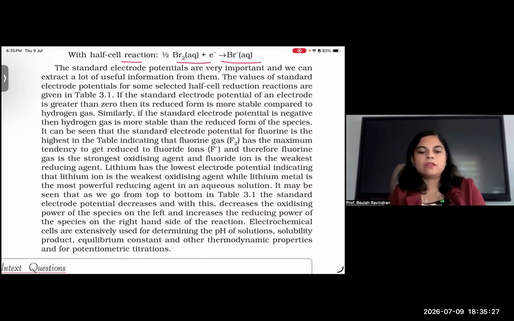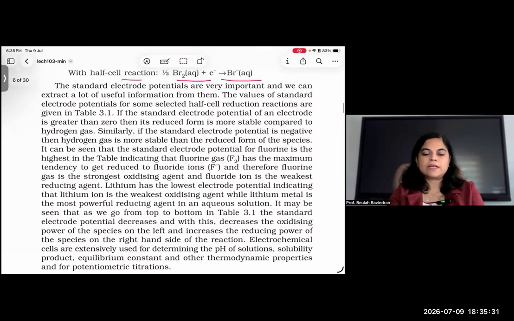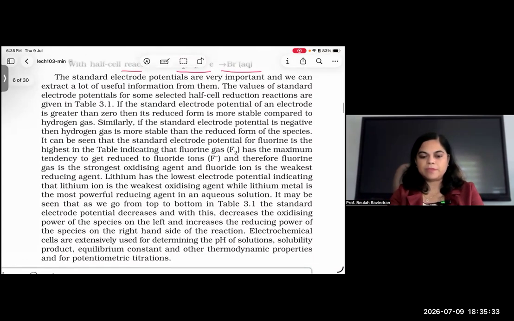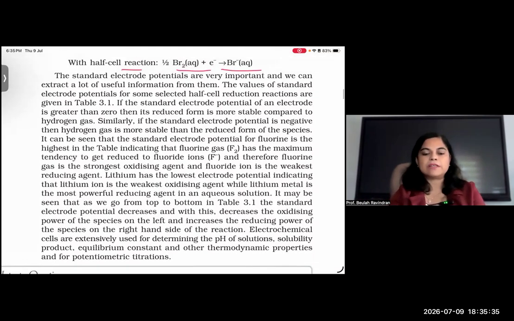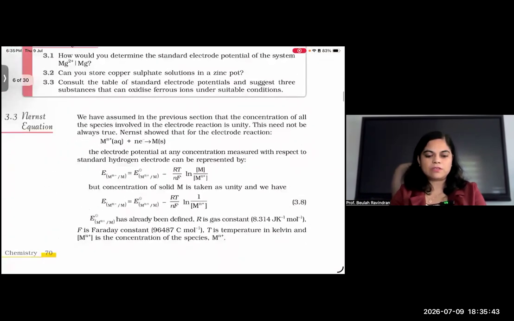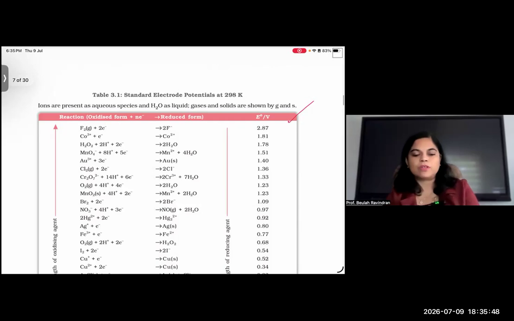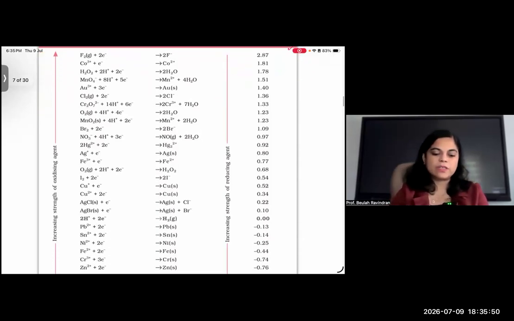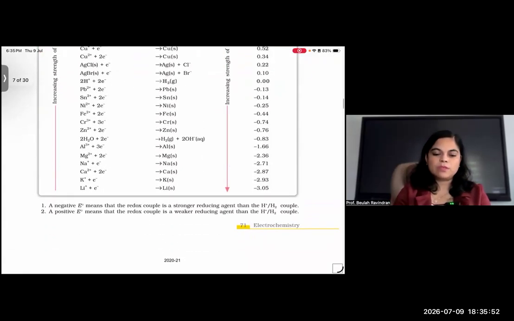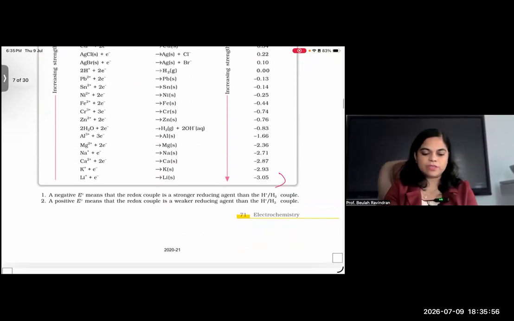Then, the standard electrode potentials are very important, and we can extract a lot of useful information from them. The values of standard electrode potential for some selected half cell reactions are given in the table. This table is very important for you. This is what I told you, my dear students: you have to practice all these equations.